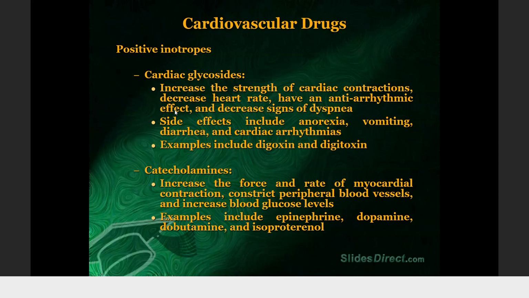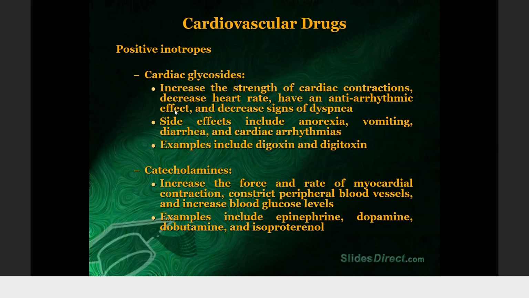So given this, the duration of effect is quite short. This is only used for emergency aid. Let's say the heart stops moving, stops contracting, so you give this catecholamine for the short term.